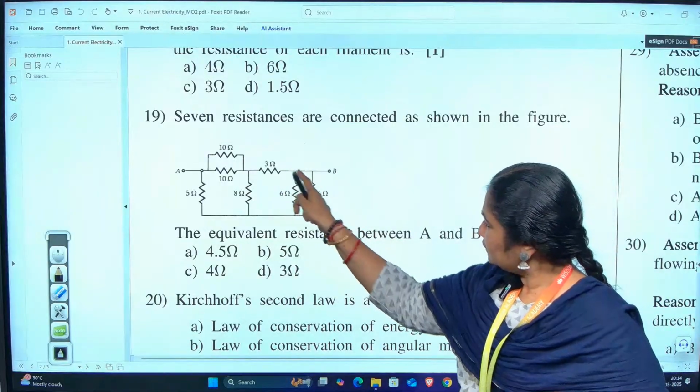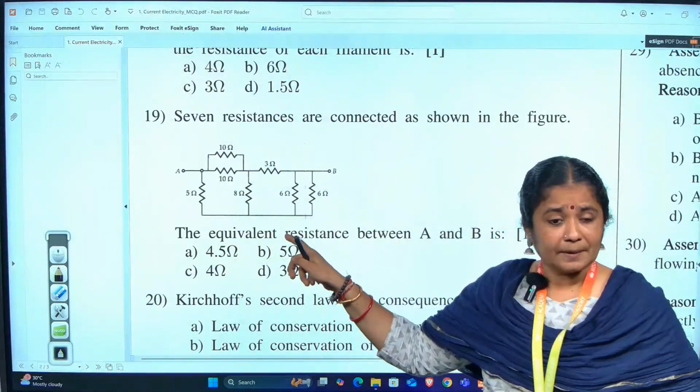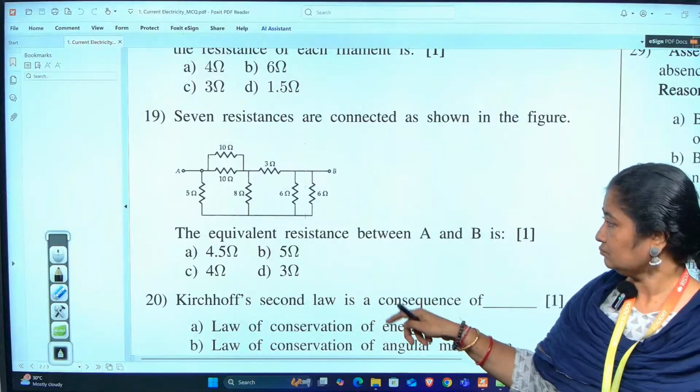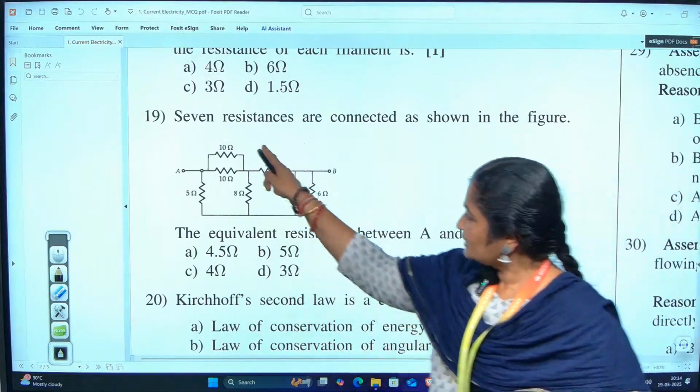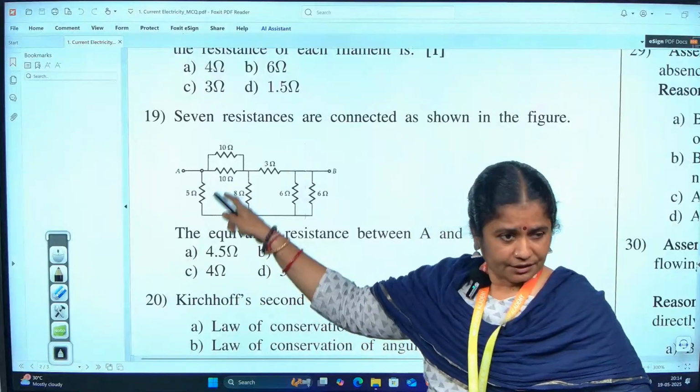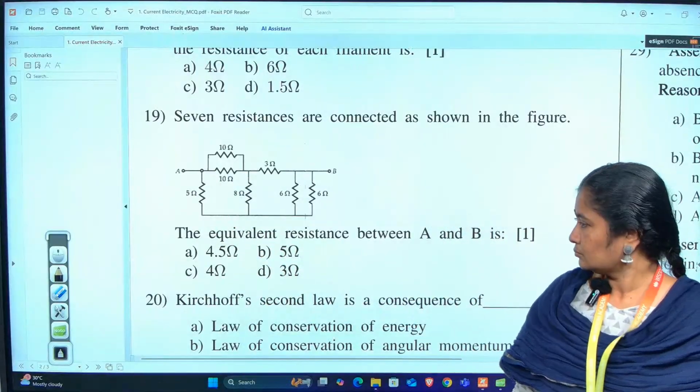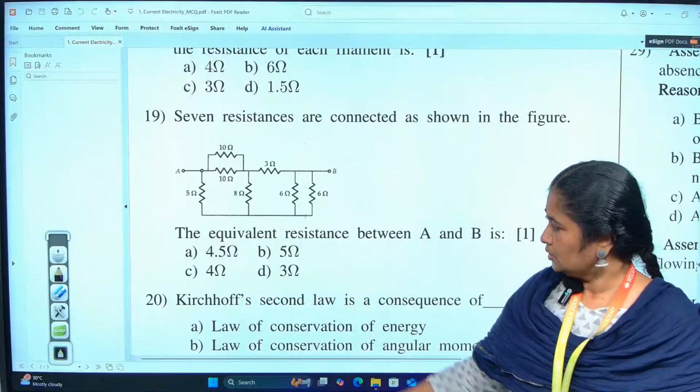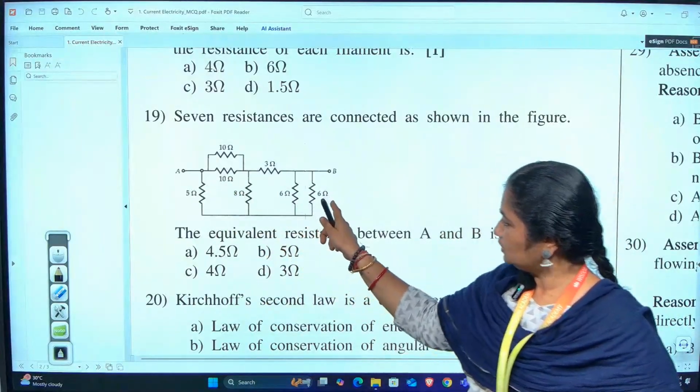Then in the 3, idhoda resultant 3, edhula parallel, series ah. This 10 and 10 are also in parallel. Adhiyum reduce pannu. 5. So inga oru 5 varum, inga oru 5, inga oru 3.